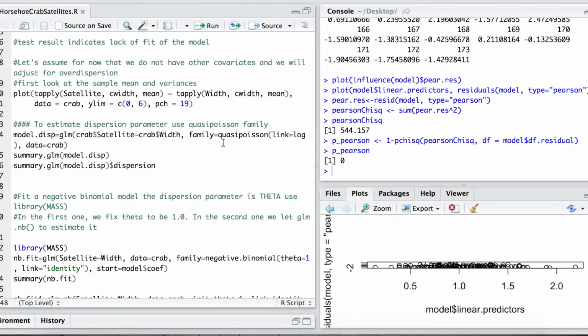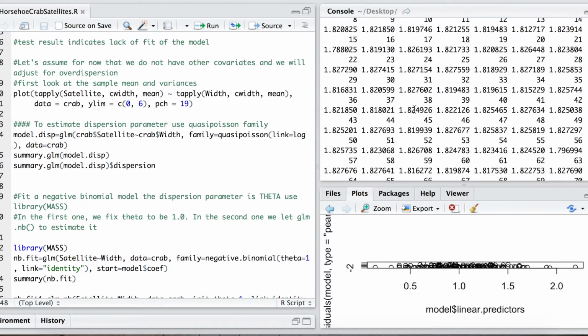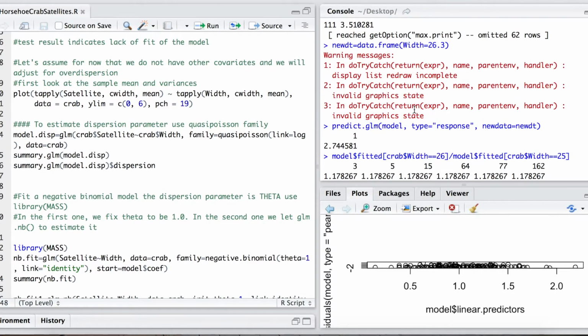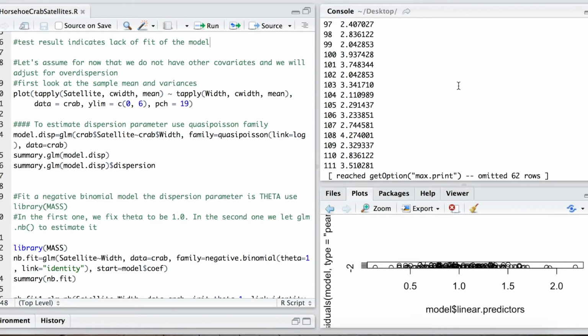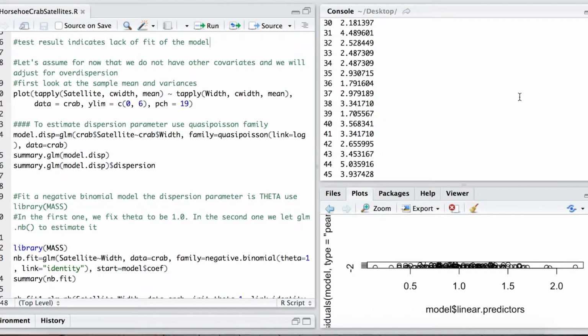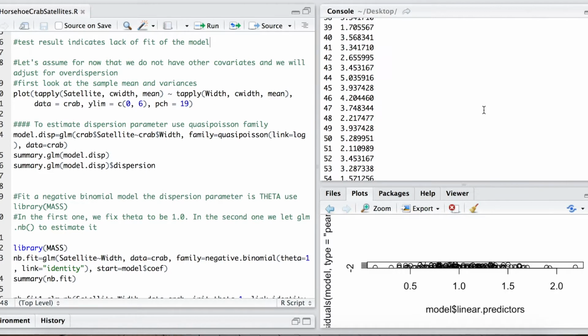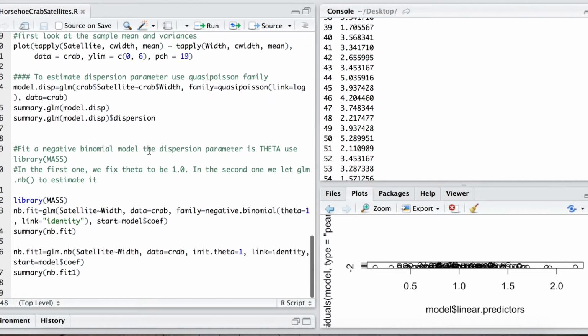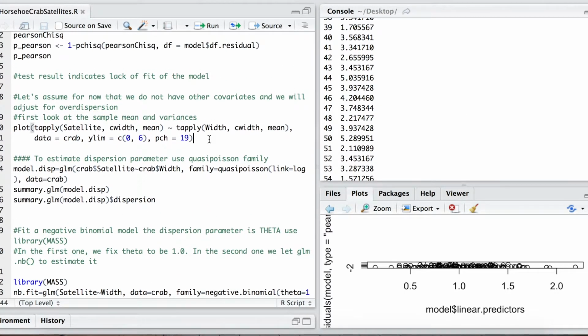For instance, for the grouped horseshoe crab data here, we have the sample mean and variance for the counts of the number of satellites for the female crabs in each width category that we showed you in the beginning.